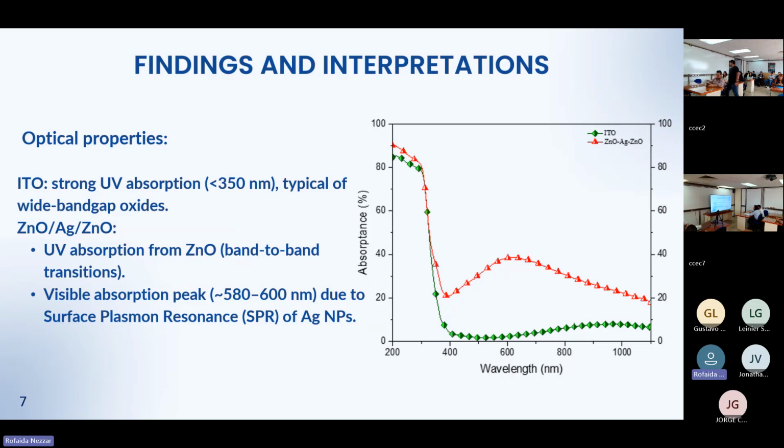That confirms that silver nanoparticles were indeed formed during the annealing. And although this means that the film is less transparent, as we can see, than indium tin oxide, it still opens the door to tunable optical responses.